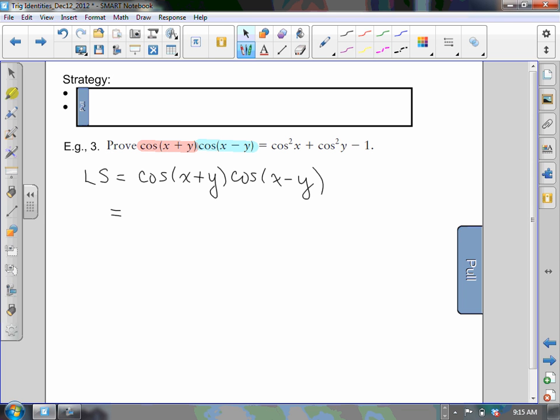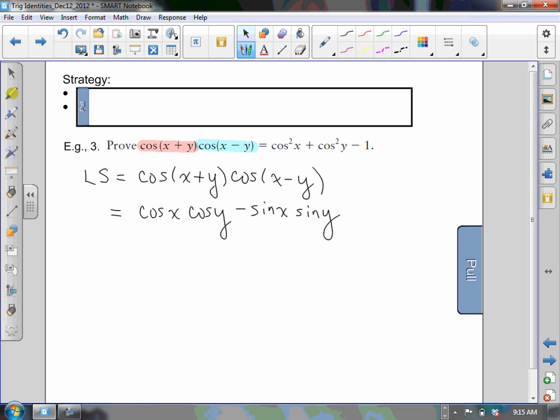The cosine of x plus y, if you check your formula sheet or memory banks, is equal to the cosine of x multiplied by the cosine of y, and from that we're going to subtract sine x and sine y.